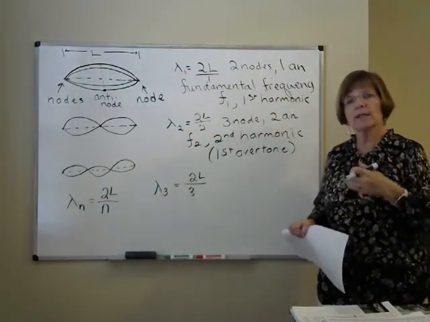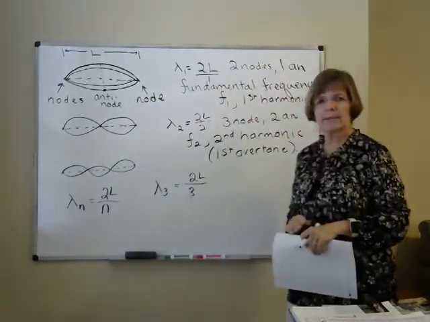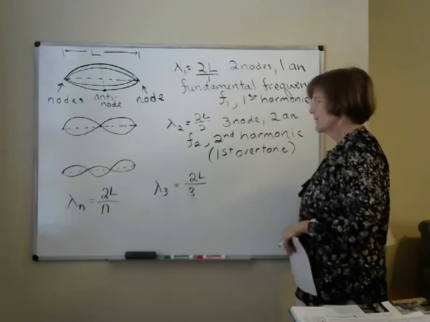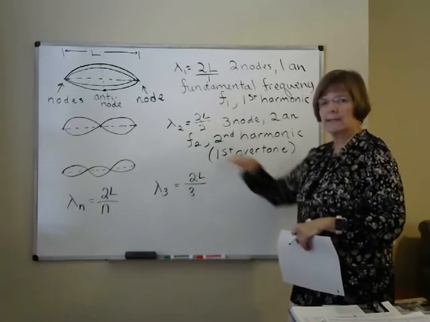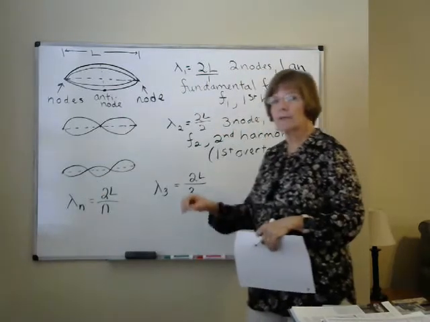N is also the number of bumps. It's 2 over the total number of bumps times the length. So if I have 5 bumps, it's going to be 2/5 L. If I have 15 bumps, it's going to be 2/15 L.